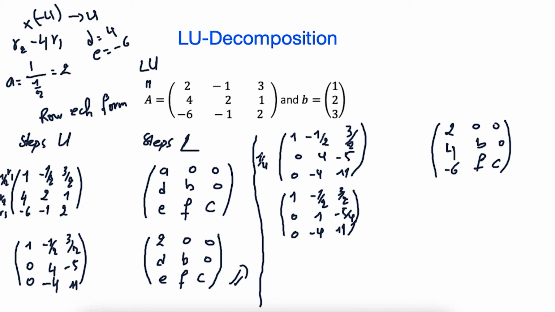And as we multiply here by 1/4, that means B will be the reciprocal of this multiplier, so it will be 1/4, which equals 4.